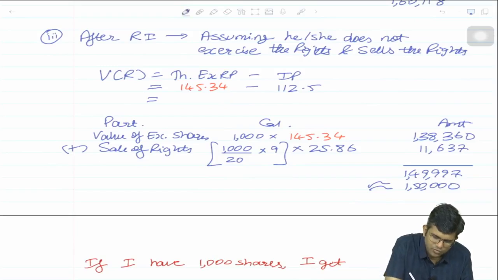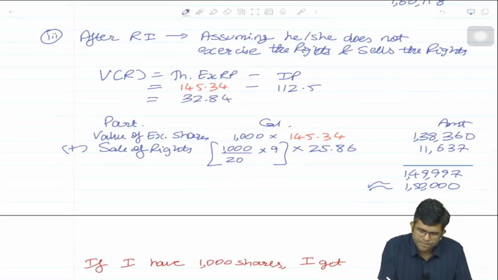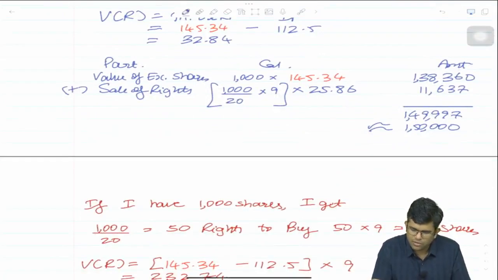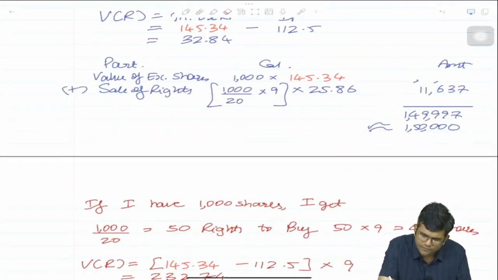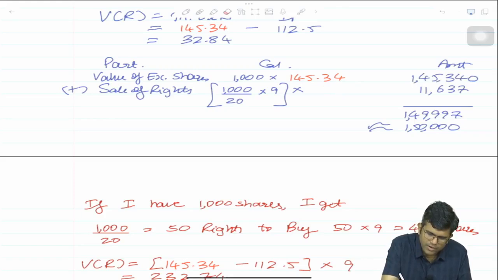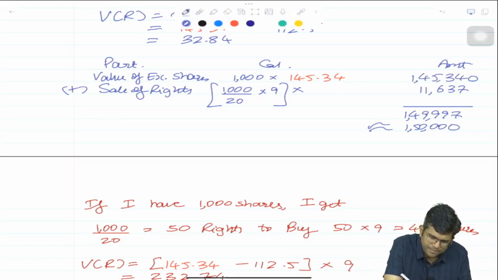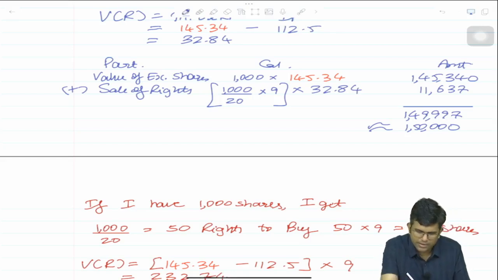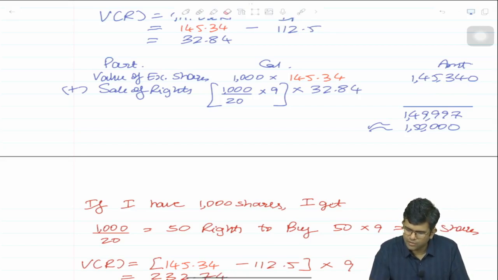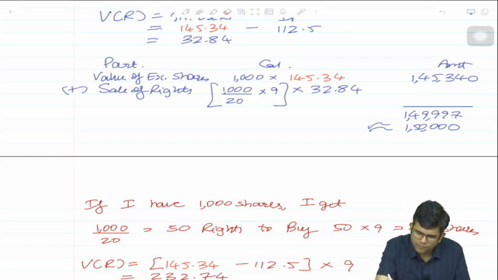This is 32.84. This is now 145,340, and this is 32.84. And this will be 450 into 32.84, which is 14,778.